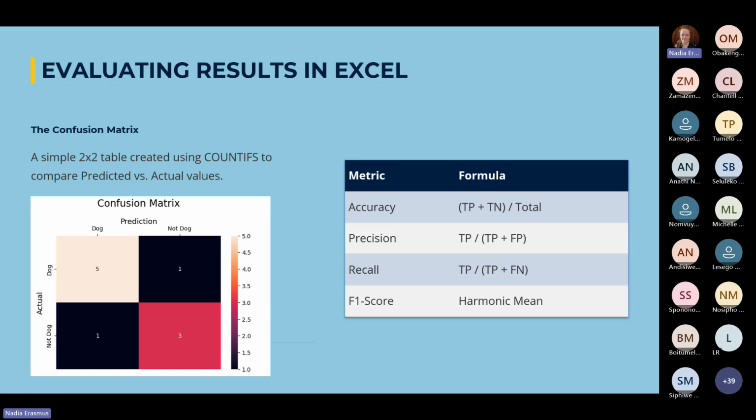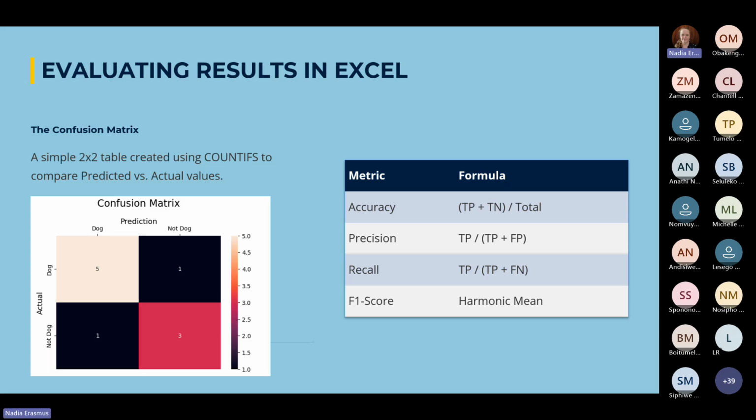You were given a confusion matrix, basically, where you were given the true positive, the false positive, the true negative, and the false negative, and you had to calculate the accuracy, which is the true positive plus the true negative. So all of the true values: it's predicted as positive and it is positive, and the true negative, it's predicted as negative and it is negative, divided by the total.